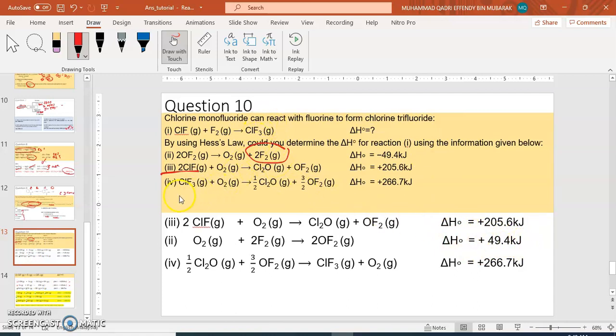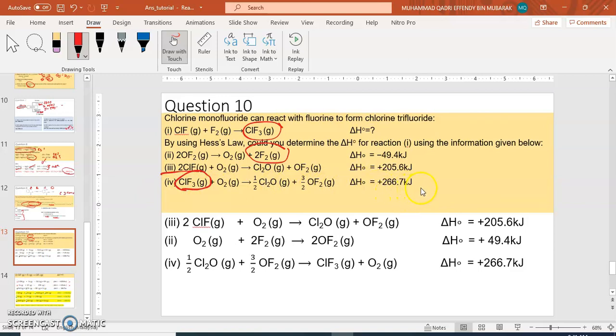And for the last equation, I would like to use equation 4. So we look at this ClF3 gas. Now we have the ClF3 gas here, so what we should do is invert this equation, changing it from the left hand side to the right hand side. We write it like this, and the value for this equation is 266.7 kilojoule.